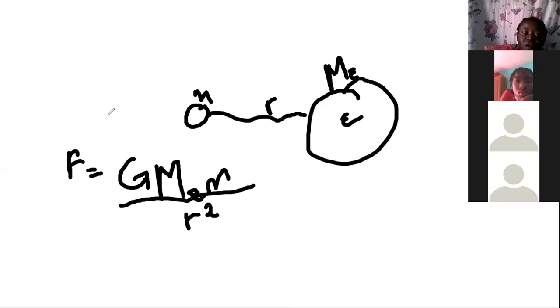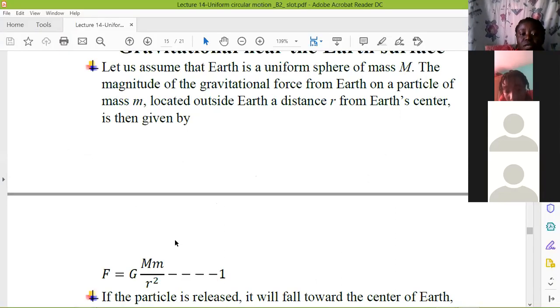So this is the force on this object due to the Earth, and remember it's due to the surface, near the Earth's surface. So we have that equation.